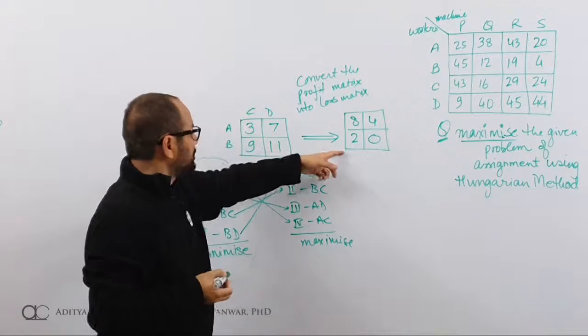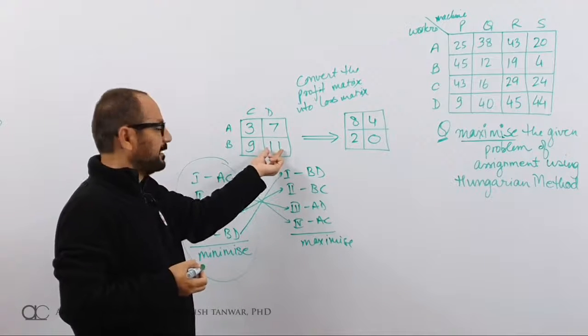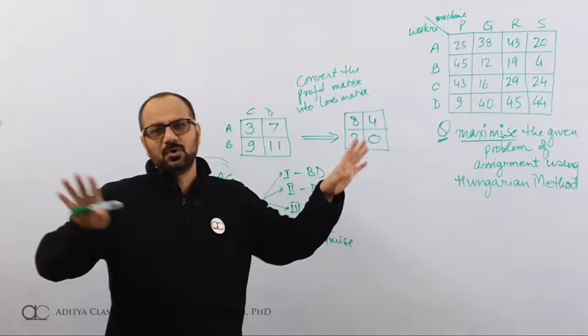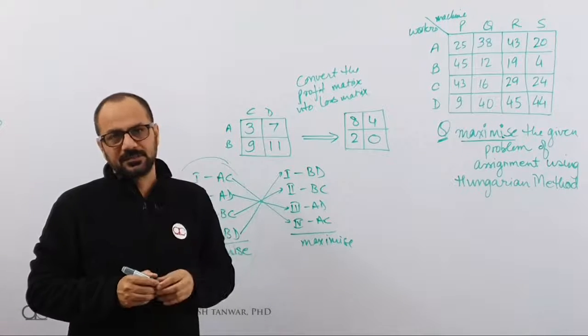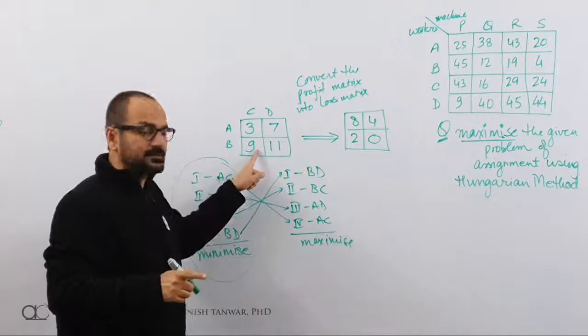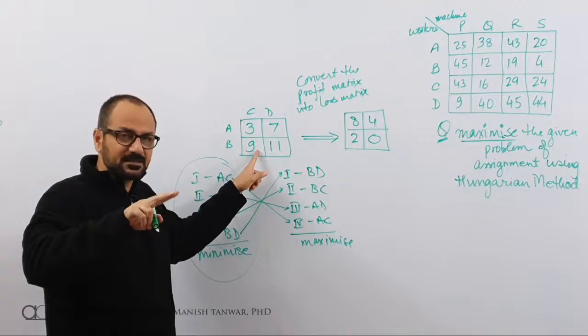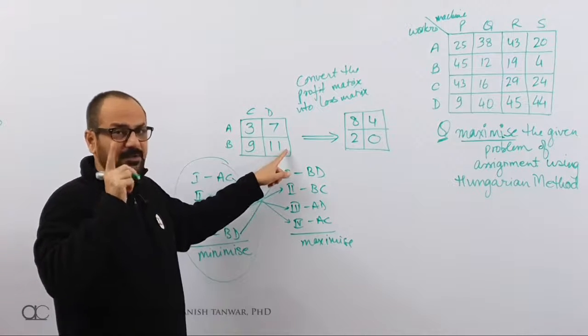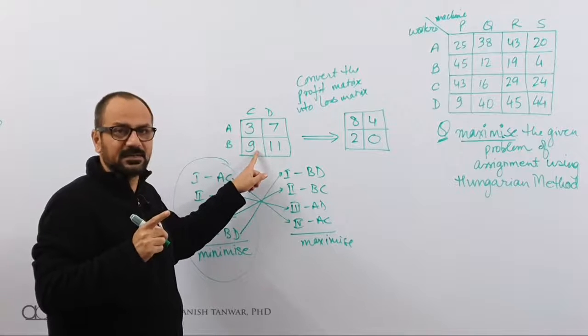Now why is this loss matrix? Because 11 is the best choice, and if you select 11, then there is no loss. There is a loss of 0 units. 11 is the best possible profit, but if you pick a choice of 9 rupees, then there is a loss of 2 rupees. Because 11 was the best possible, but you somehow made a mistake and you selected 9.